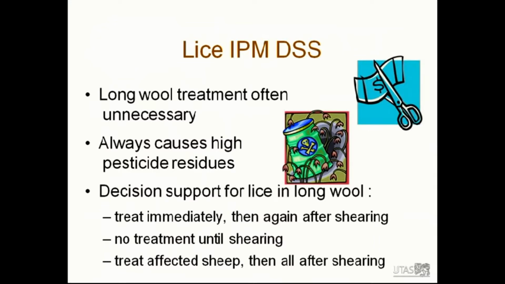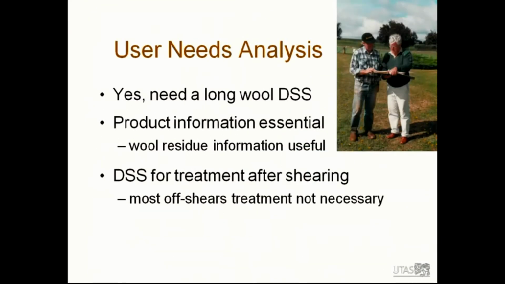So what we wanted was a decision support system for lice in long wool to decide whether you should treat immediately, with the assumption that you will then treat again after shearing, or whether you're better not to treat until shearing, because this depends on how rapidly the wool damage is going to occur. A possibility that tends to come up, and I'll discuss later, is treating just the sheep that appear to be affected, and then obviously treating the whole lot after shearing.